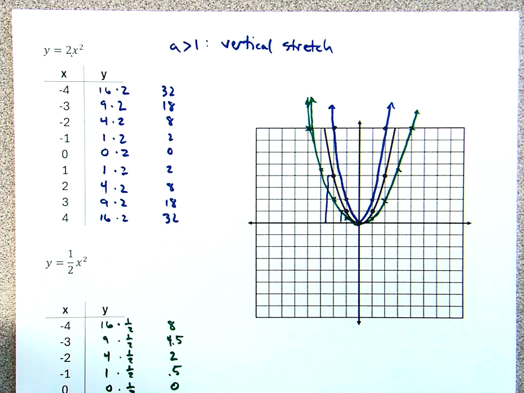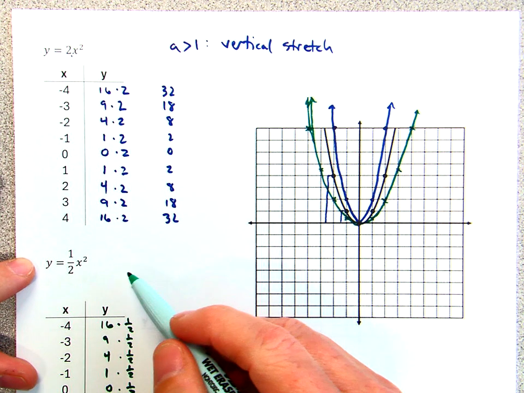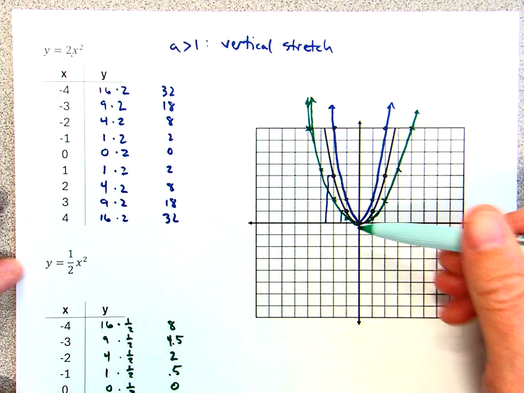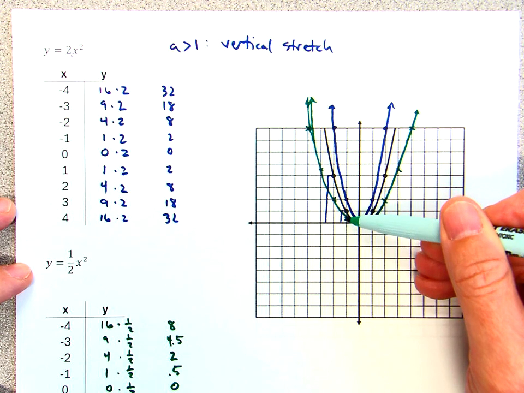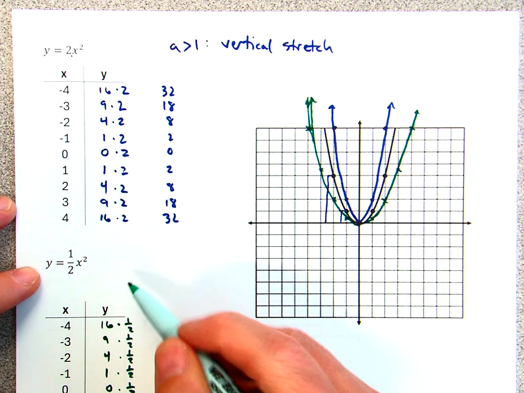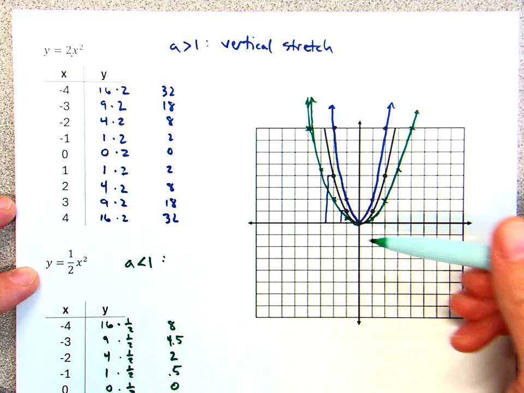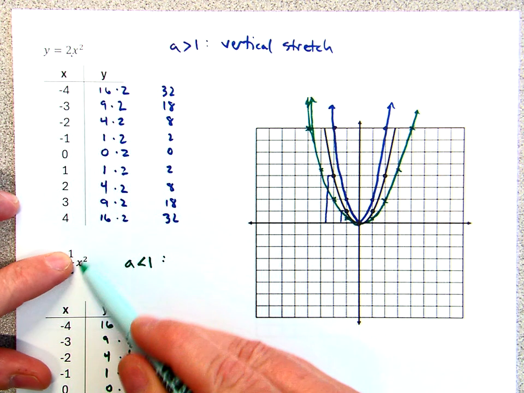Whereas if A is a value less than 1, meaning if this is 100% of the height, and I wanted to take some lower percentage, if you want to think of it in percentages, then it's still going to affect the graph vertically, because it's affecting a y value.